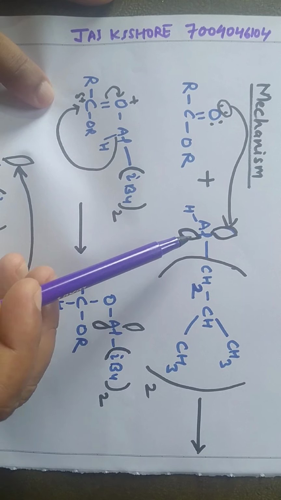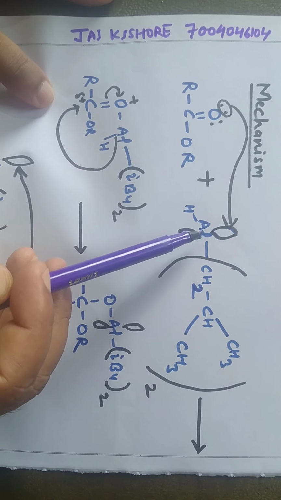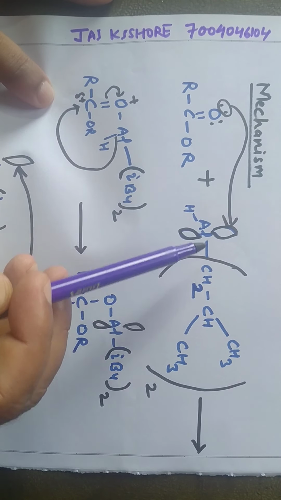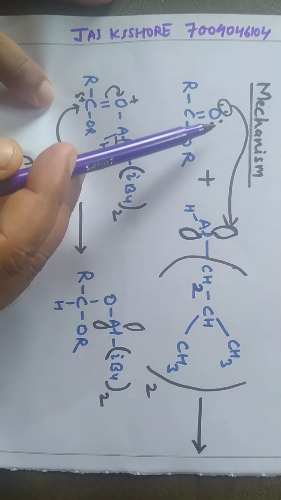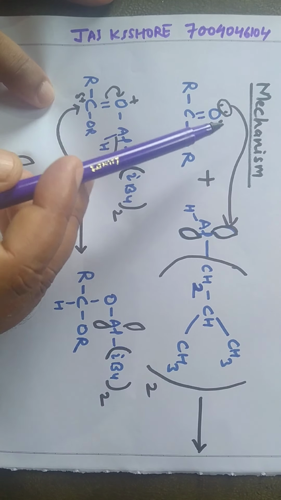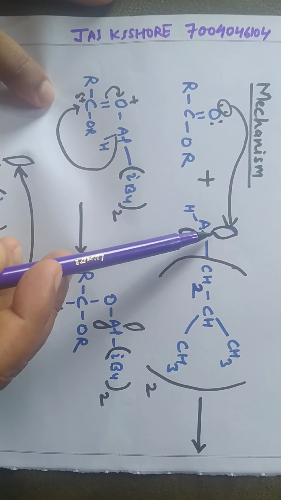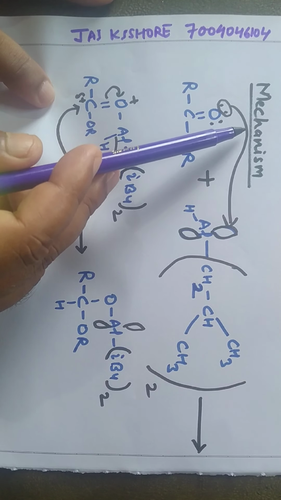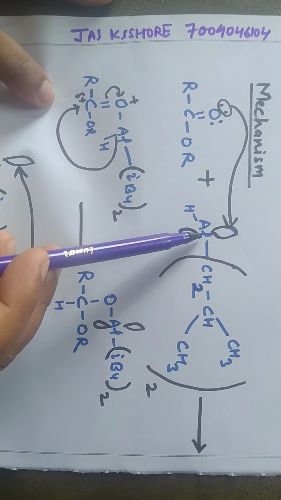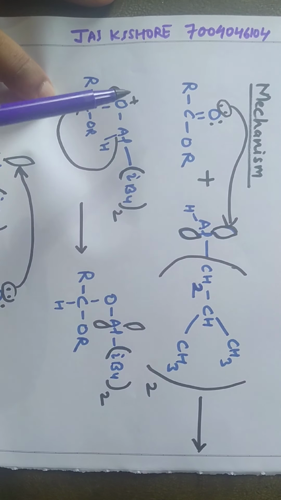Now this aluminum will act as a Lewis acid and it requires a lone pair of electrons. Here we have an ester, and oxygen has two lone pairs of electrons. So oxygen can easily donate its lone pair of electrons to aluminum. Once this electron pair is donated to the vacant orbital of aluminum, oxygen and aluminum join together.